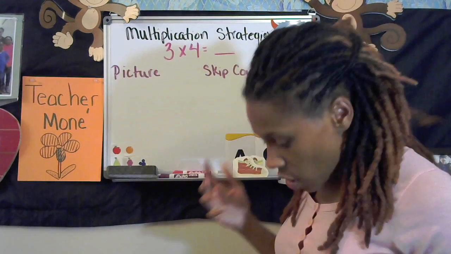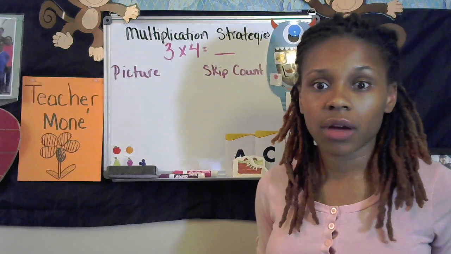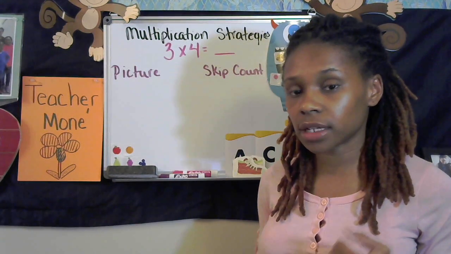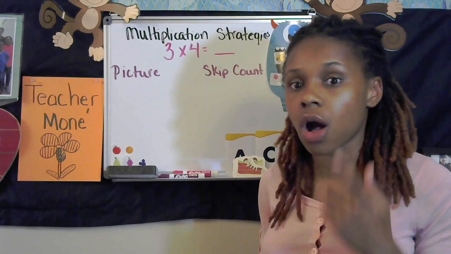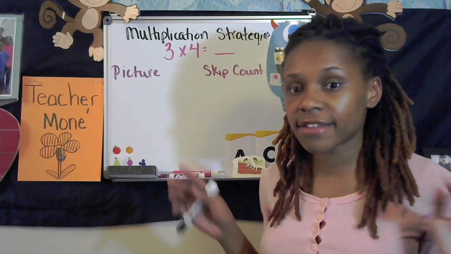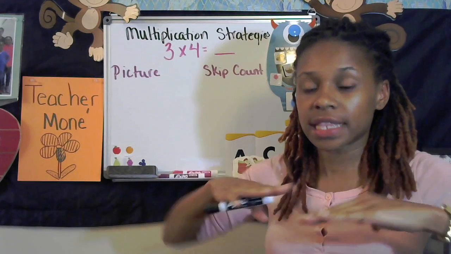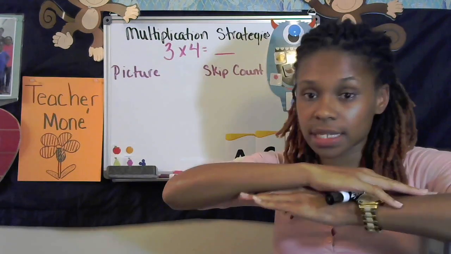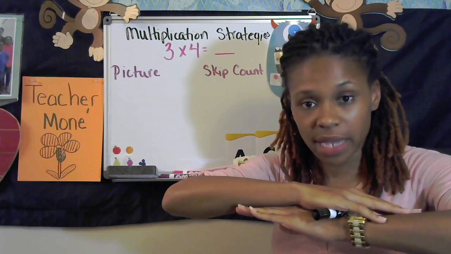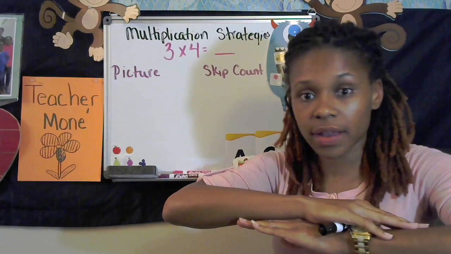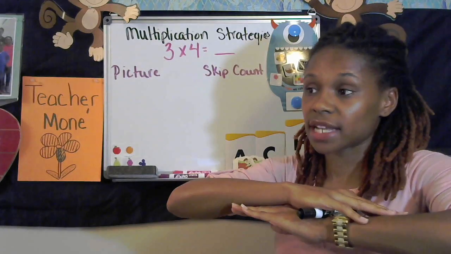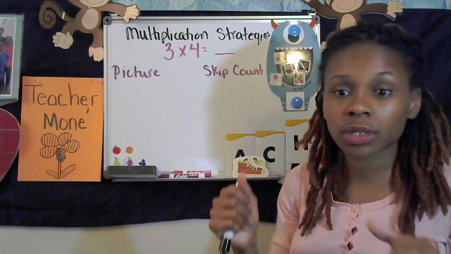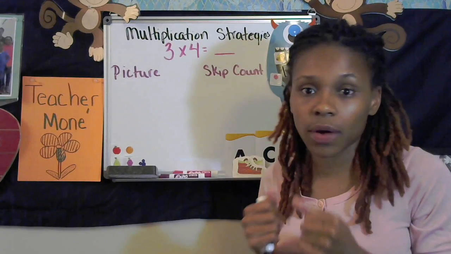So, multiplication. If your child does not get these multiplication facts down, I promise you they're going to struggle all year long. Everything in third grade, this is the base. Like a house, you need a base. They need these multiplication facts, and if they do not have their addition and subtraction facts, you need to make sure they have those too, because that is the foundation. The rest of the house is going to crumble like a cookie if they don't have this down.